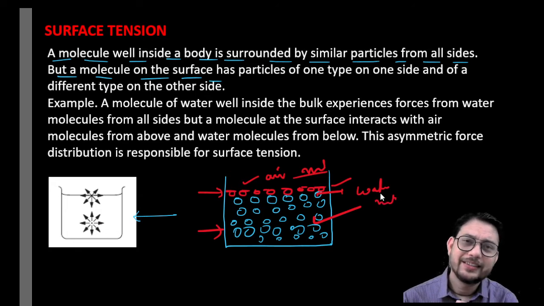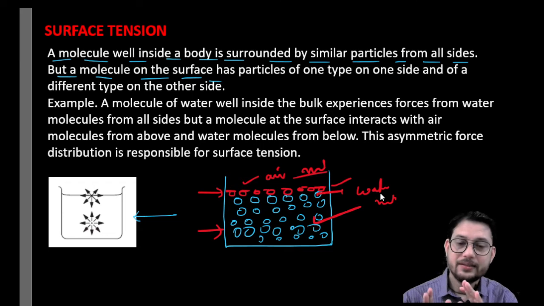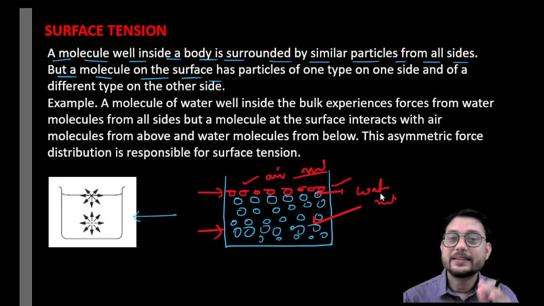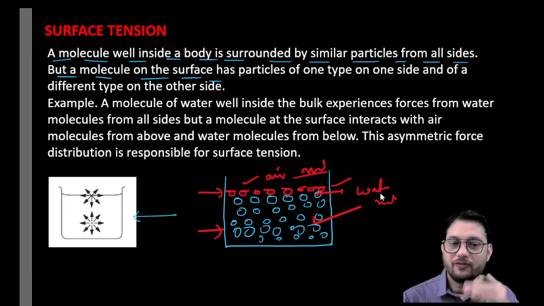So there are two scenes here. In the first scene we have a molecule in the deeper side, and that is surrounded by similar molecules of that fluid. On the other hand, in the other scenario, the molecules which lie at the surface are surrounded by two types of molecules: one is air molecules, whereas the other is the fluid molecules itself.